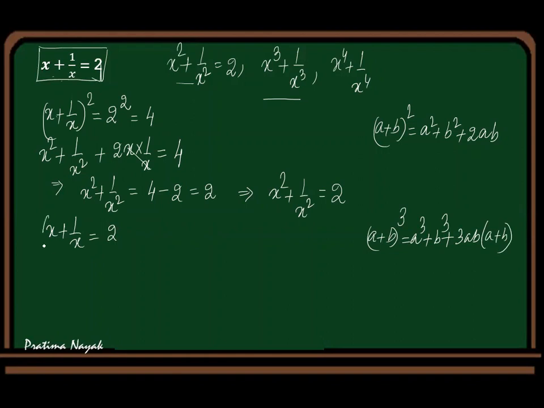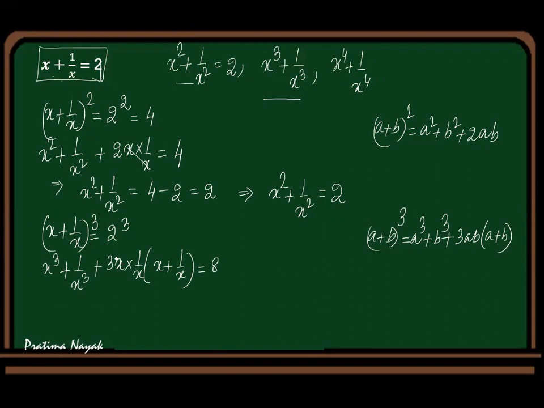So if I apply here, the cube of this is equal to 2 cube. It will be x cube plus 1 by x cube plus 3 x multiplied by 1 by x within bracket first term plus second term, is equal to 2 cube, which is 8.